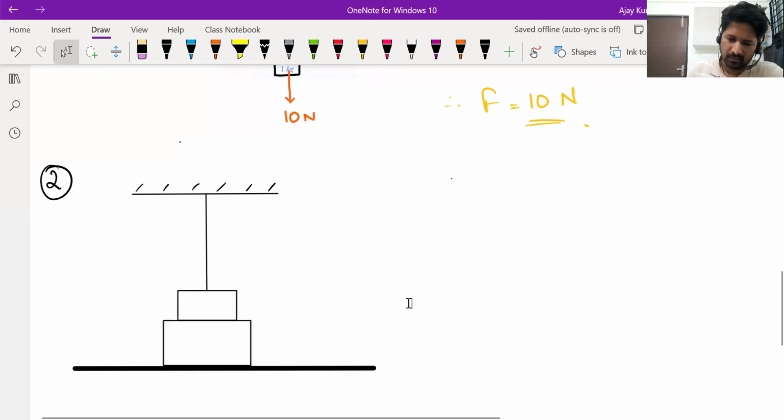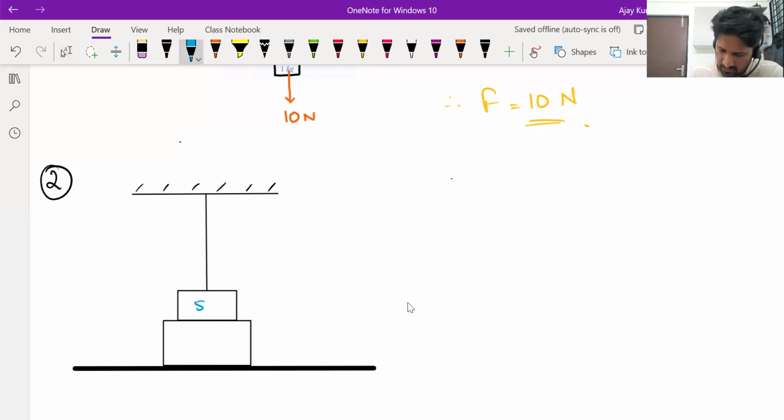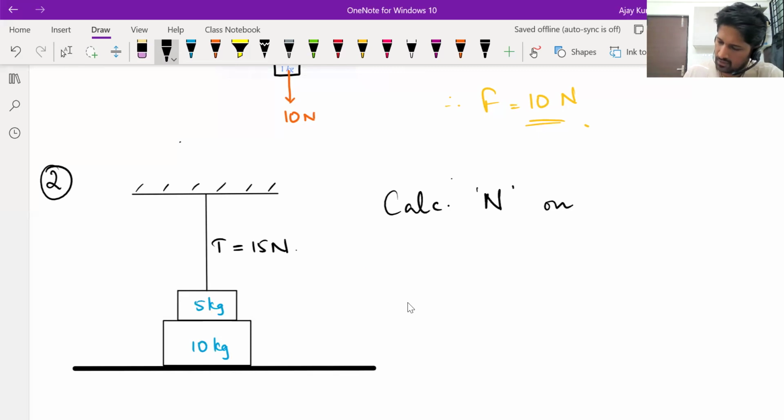Mass of the upper block, let's say, is 5 kg. Mass of the lower block is 10 kg. And it is given to you that the tension in this string is, say, 15 newtons. Calculate the normal force on the 10 kg block from the ground.